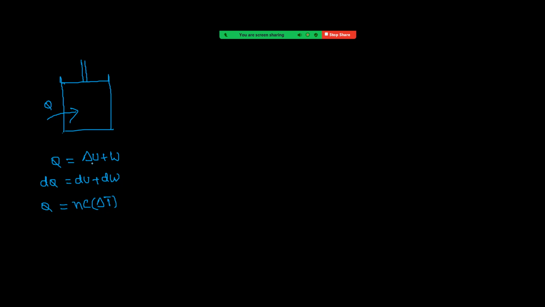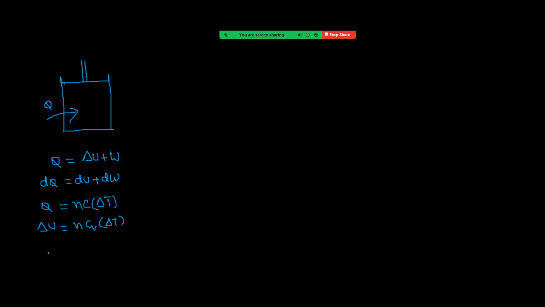Coming to delta U, the change in internal energy, which is equal to n Cv delta T. Here Cv is the molar specific heat at constant volume. But remember, this is not only for constant volume; for any process, delta U is given by n Cv delta T. This is for any process for an ideal gas.